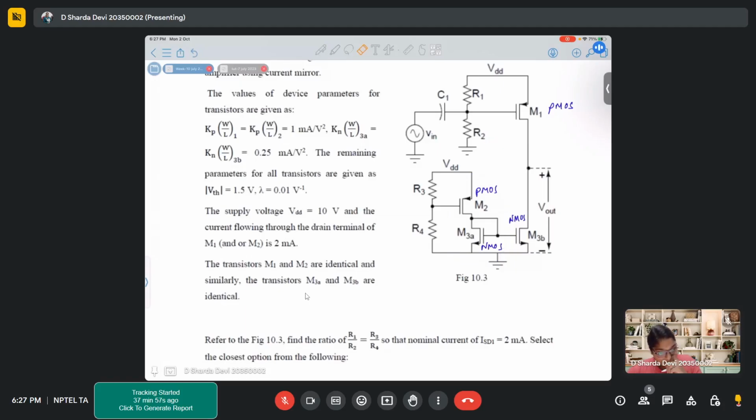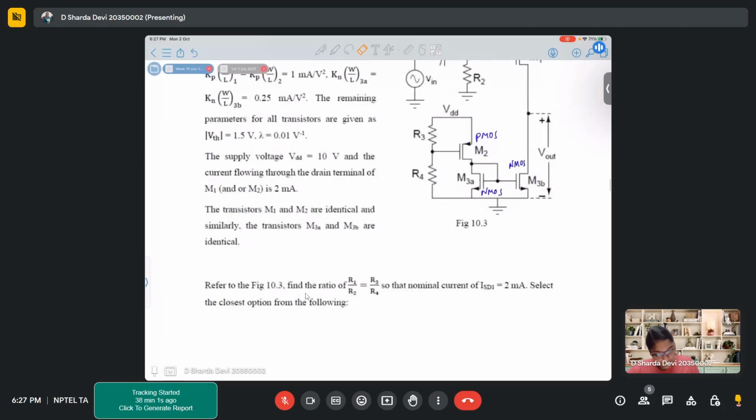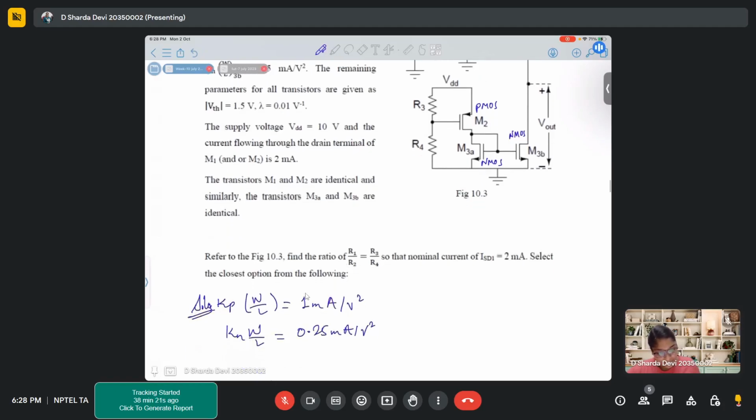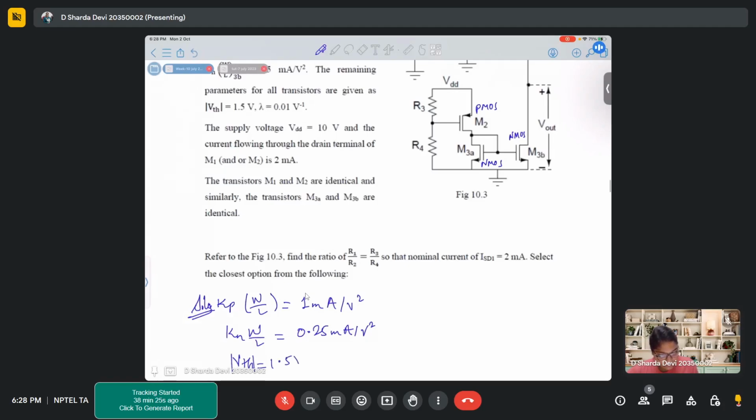Now the question is, KPs are given. KP W by L is 1 milliamperes per volt square. KN W by L is 0.25 milliamperes per volt square. And mod of VTH is 1.5 volts.